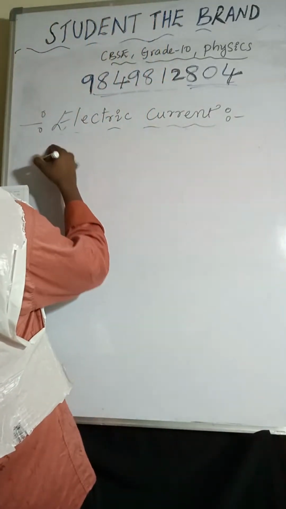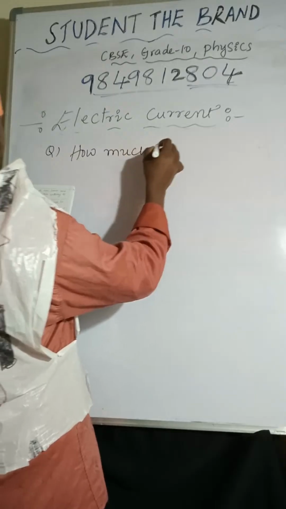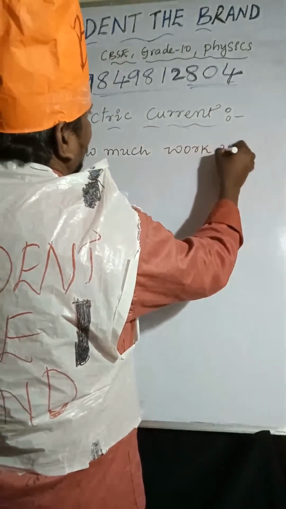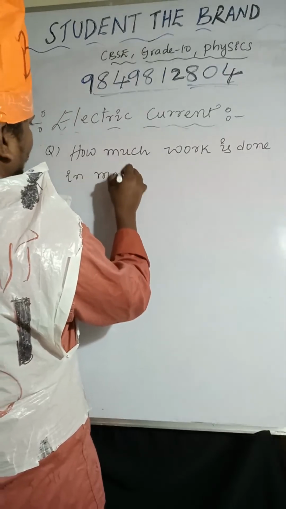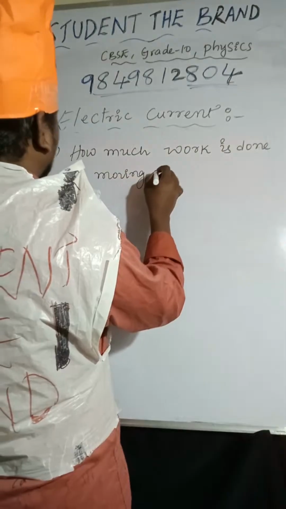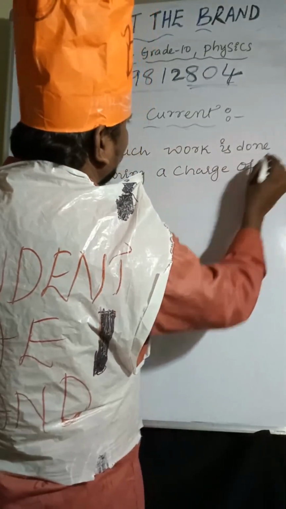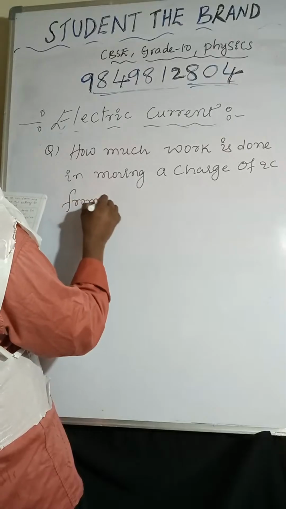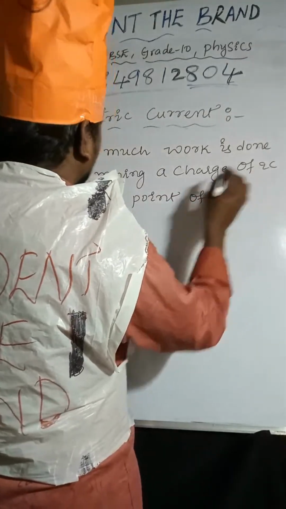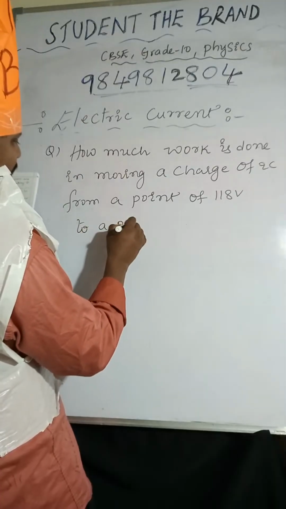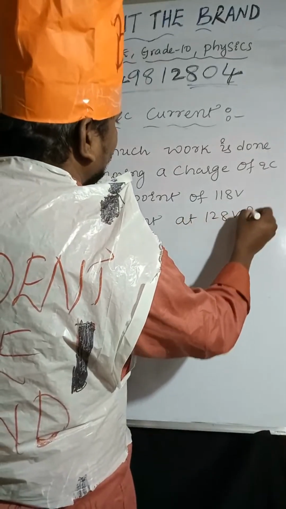How much work is done in moving a charge of 2 coulomb from a point of 118 volts to a point at 120 volts. So can you do this one?